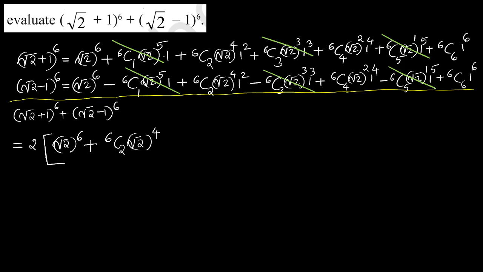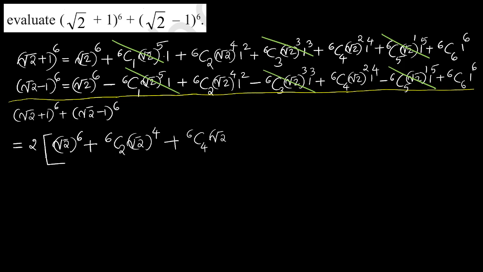You need not care about 1 raised to, 1 raised to anything is always 1. Here also 6C4 root 2 square plus 6C4 root 2 square. Again 2 times 6C4 root 2 square.